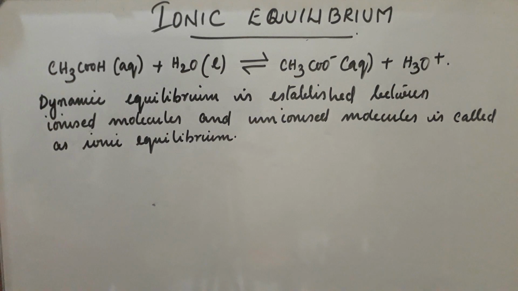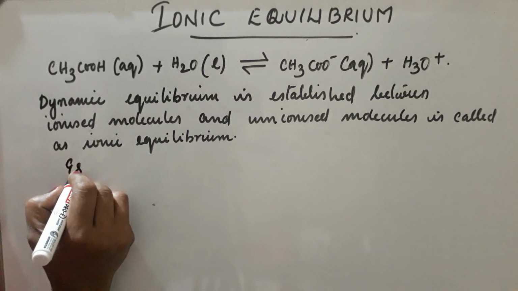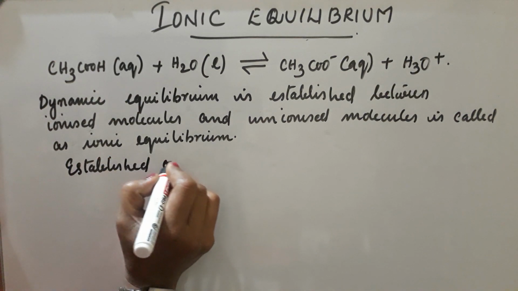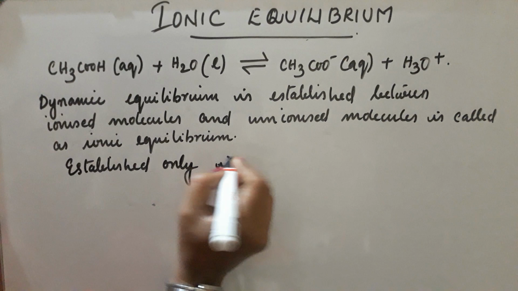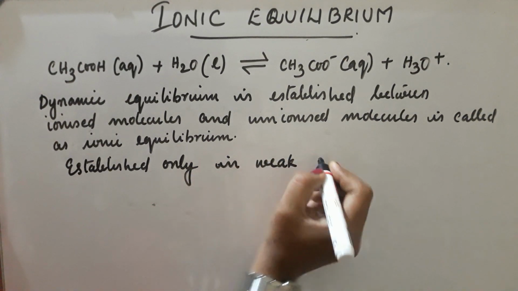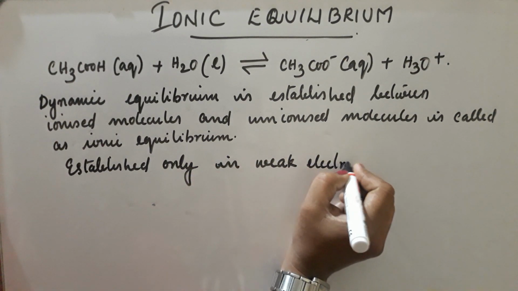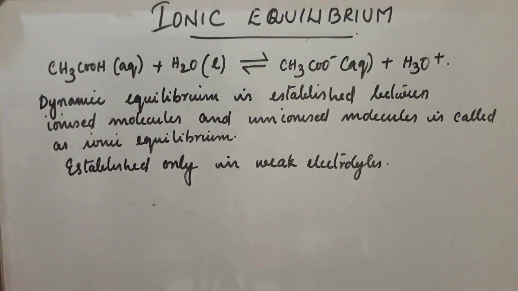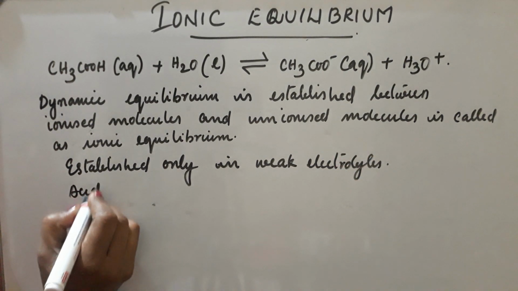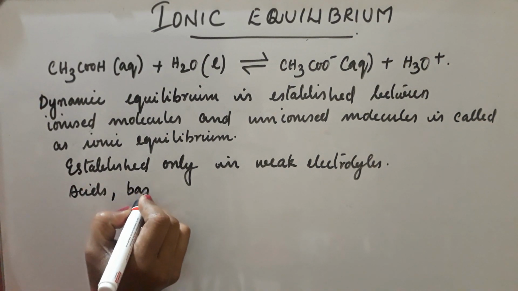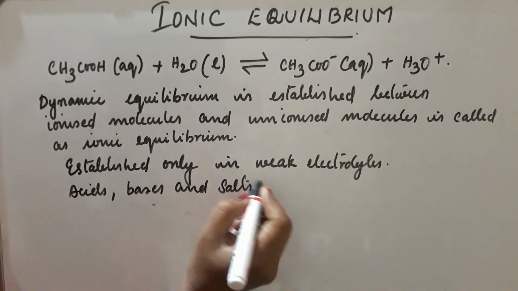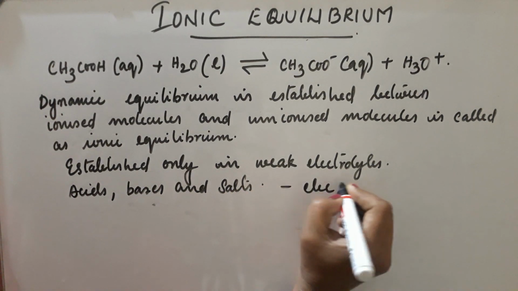So, ionic equilibrium is established only in the case of weak electrolytes. Examples of electrolytes are acids, bases, and salts.